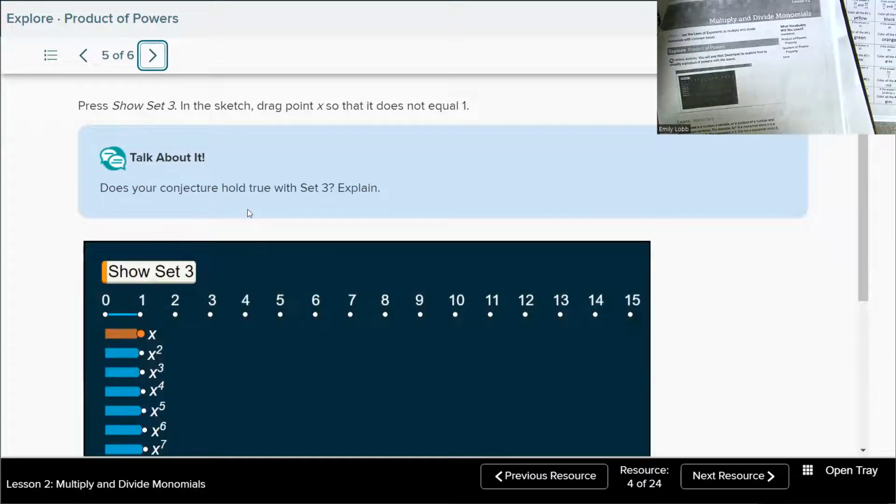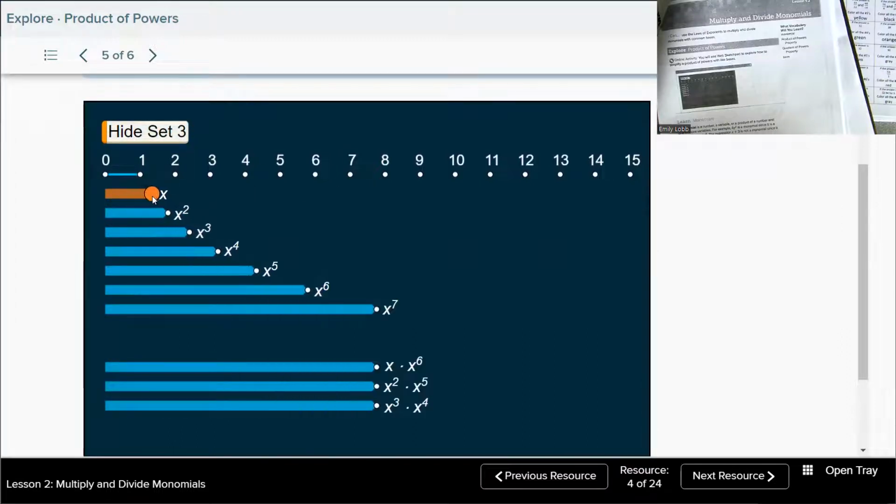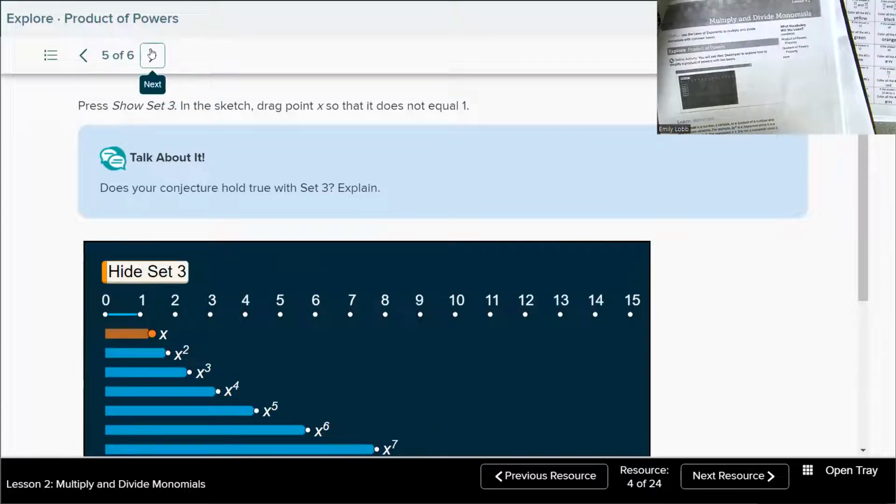All right, here's show set 3. Let's see this one. Okay. Is this one still true? 1 plus 6 is 7, 2 plus 5 is 7, and 3 plus 4 is 7. Does it work? Excellent. See, I don't even have to teach you.